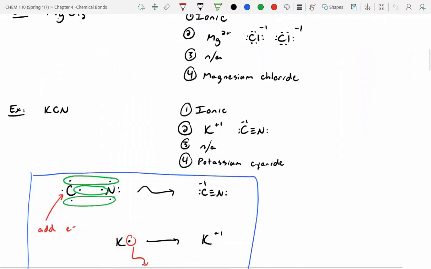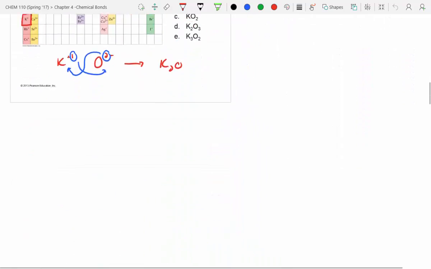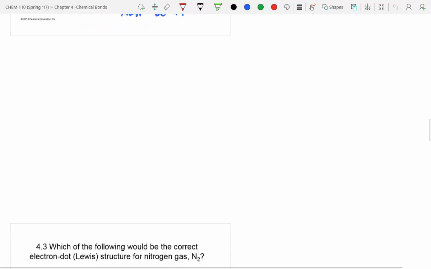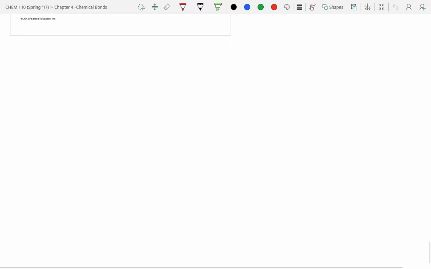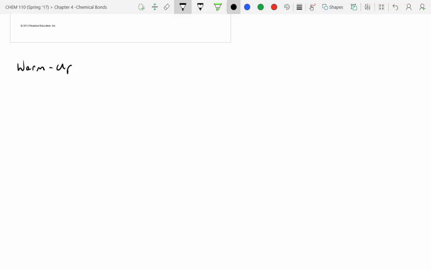So we went through and did a couple of examples, but I want to throw you guys a harder example before we jump into our practice activity. Let's do calcium phosphate.